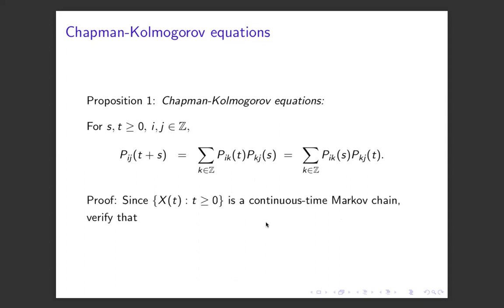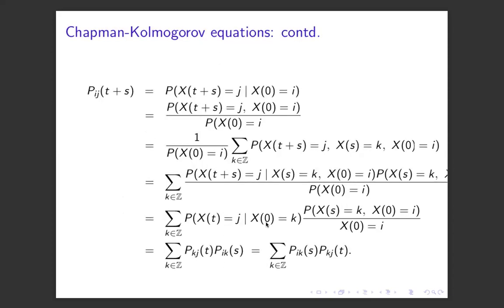Since it is a continuous time Markov chain, you can easily verify. Please note it down. The left-hand side, p sub ij (t+s), is by definition our transition probability function. It is this object.